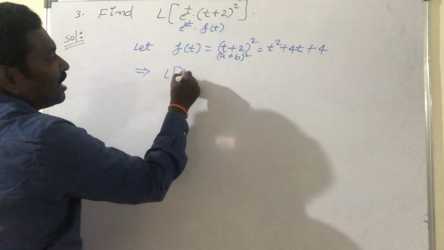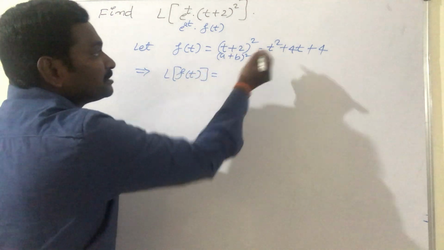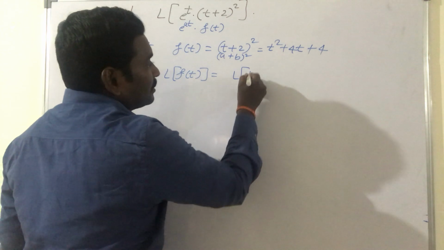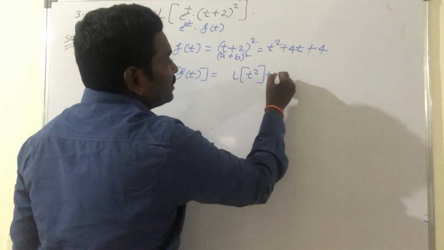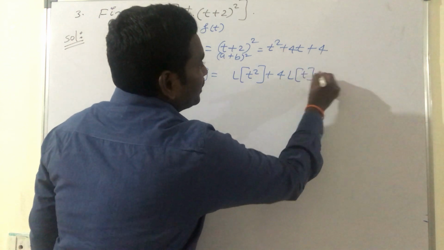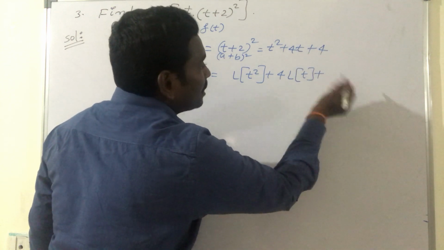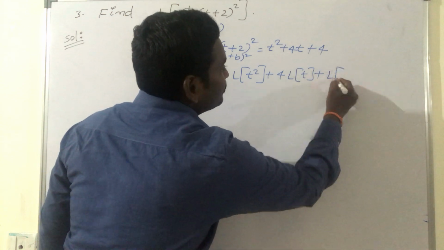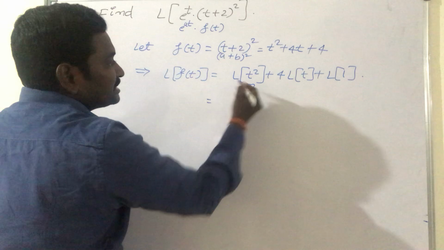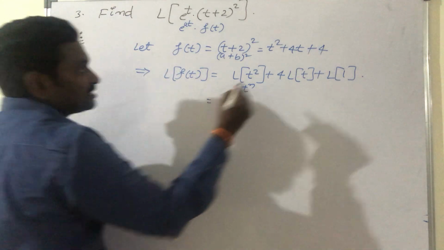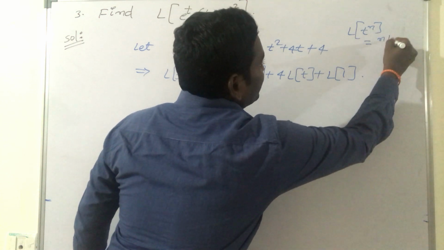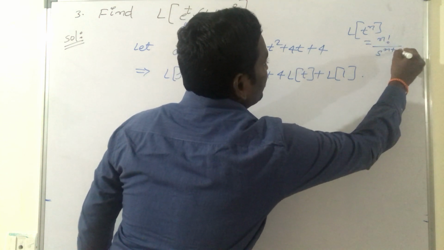So L of f of t is equal to, split the terms directly by using the linear property. So L of t square plus 4, which is the constant, take it outside from Laplace, and L of t, again we have 4 which is a constant term, take it outside from the Laplace, and simply you will get L of 1. Okay, so we are observing that it is in the form of L of t power n. What is the formula for L of t power n? L of t power n is equal to n factorial by s power n plus 1.